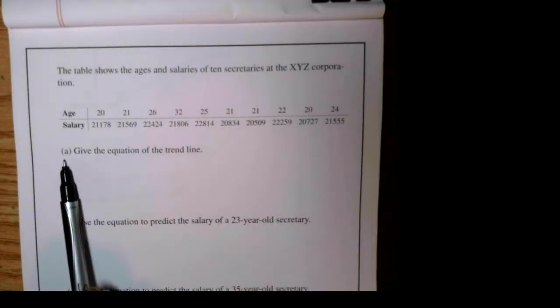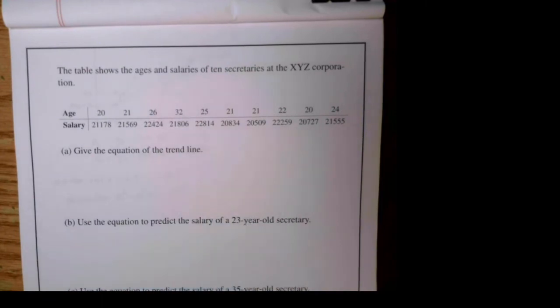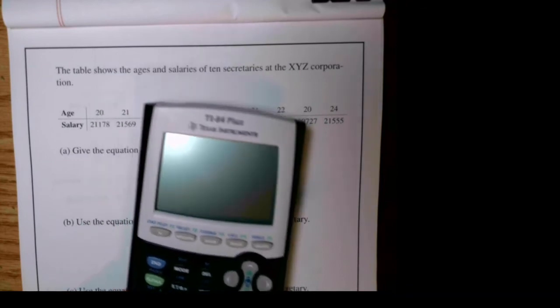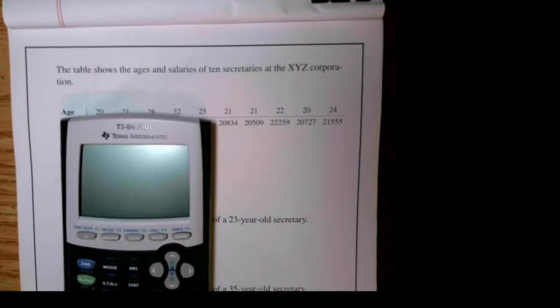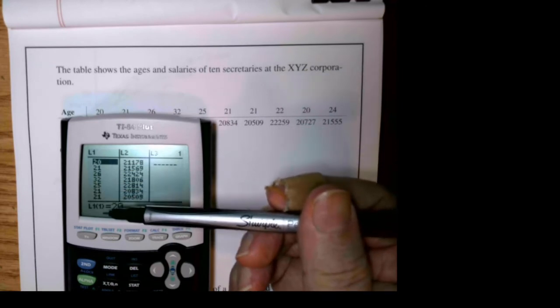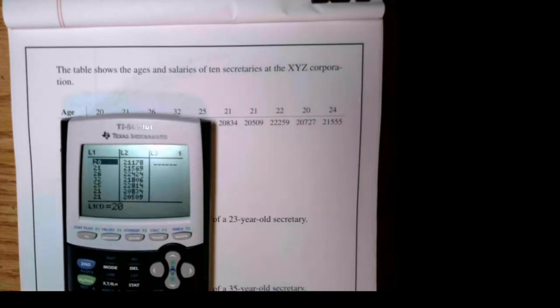Okay, let's give the equation of the trend line. So how would I do that? I would take out my trusty calculator, and I would go to Stat and Edit, and I would put the x values in list L1 and the y values in list L2, and of course I've done that here, so you don't have to watch me do it.